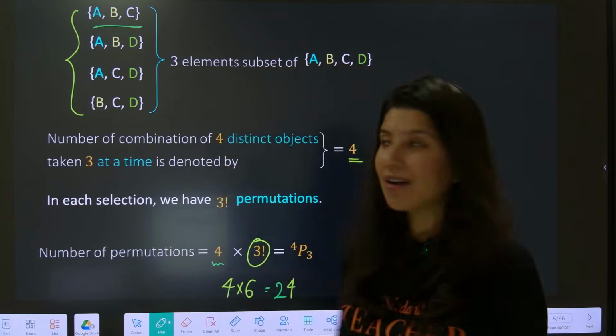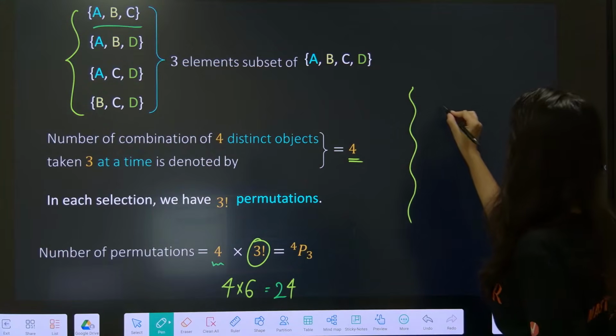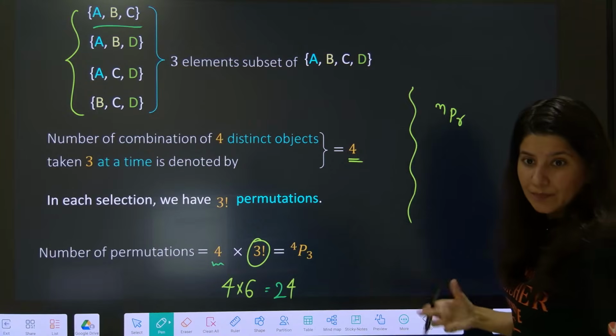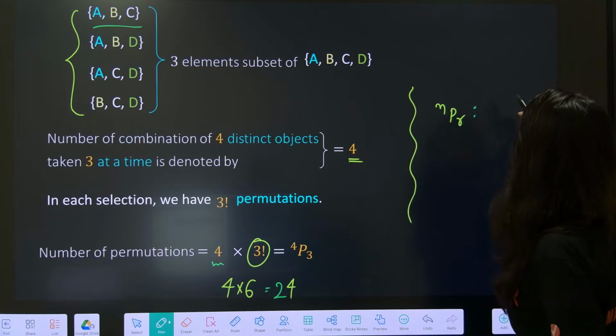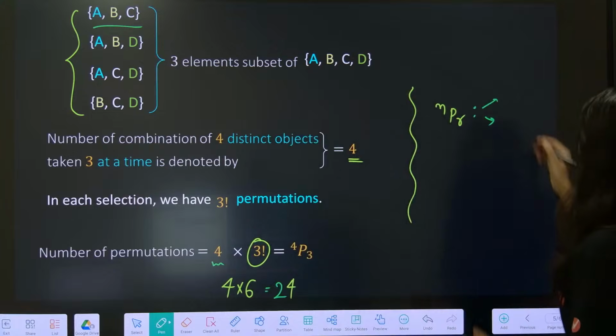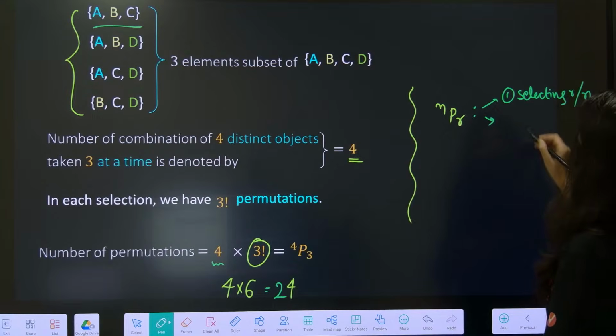NPR. What is NPR? Now please understand the terminologies. Here NPR means NPR is doing 2 things simultaneously. It is first selecting R things out of N, and second thing, it is arranging also.